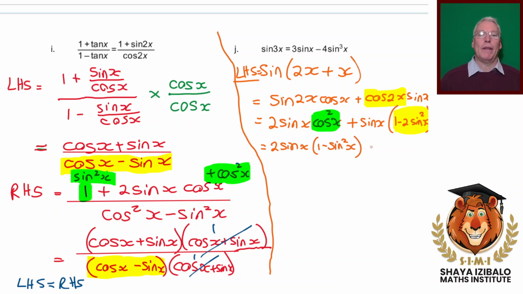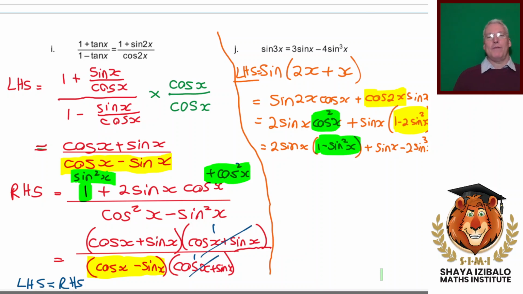Over here we multiply this in, we get a sin x, and we get a minus 2 sine cubed x. So that green stuff got replaced by that.